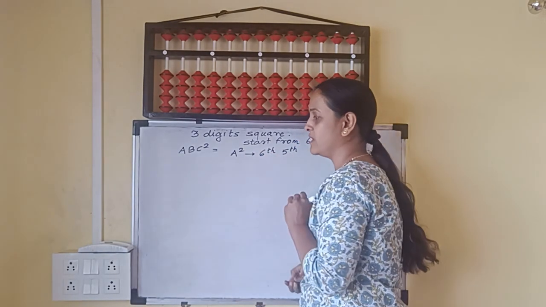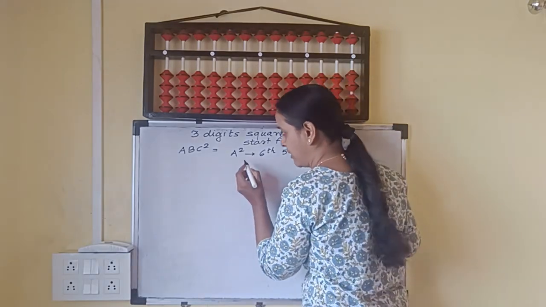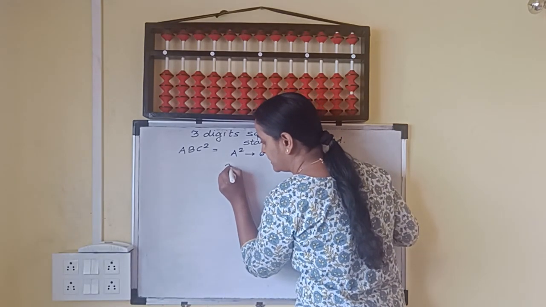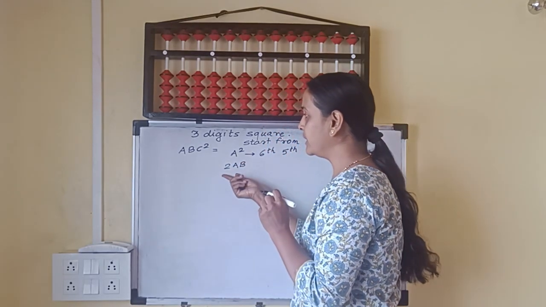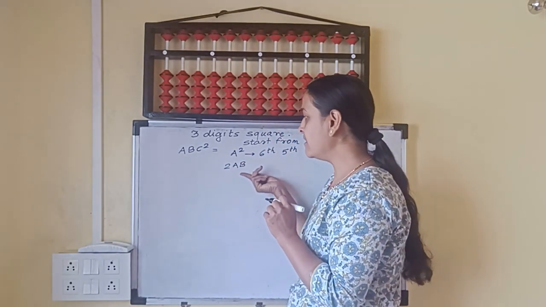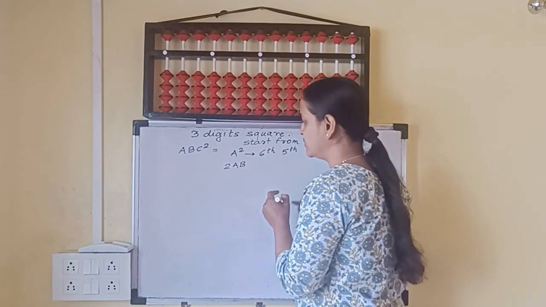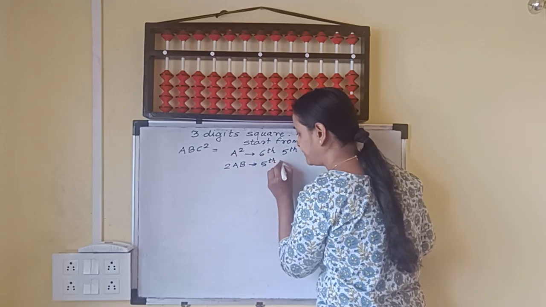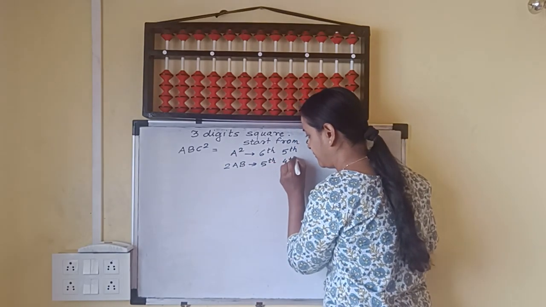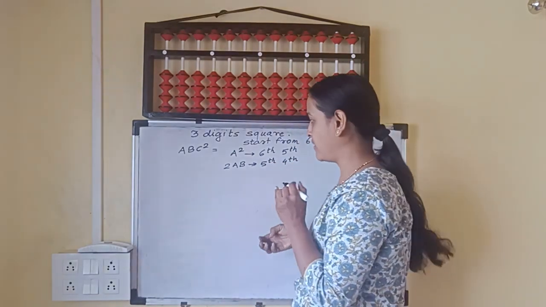After that, the next step is 2 into A into B, and this answer should be on the fifth and fourth rod.